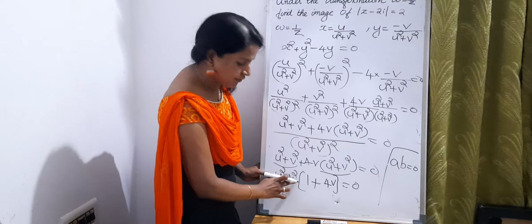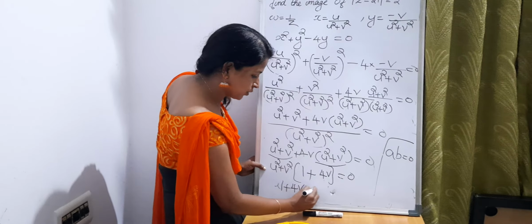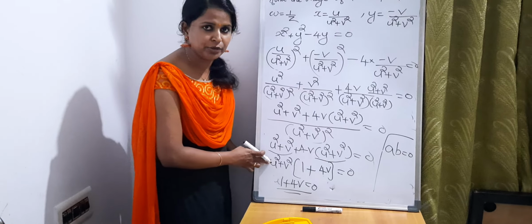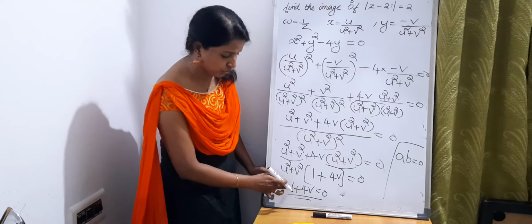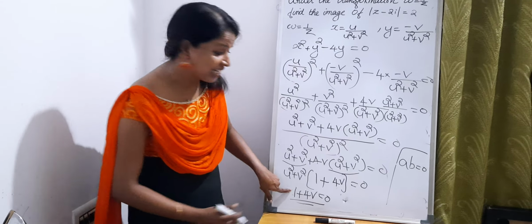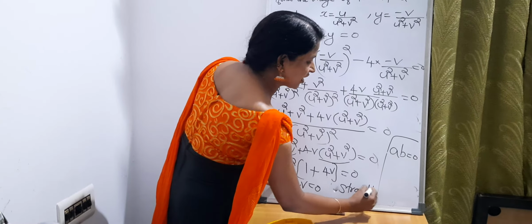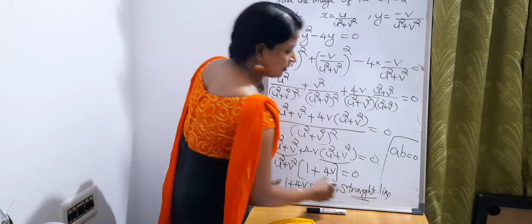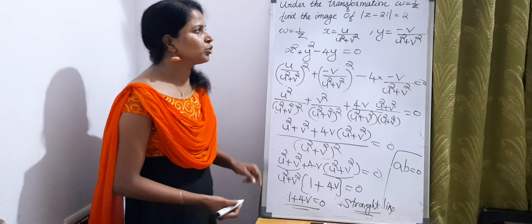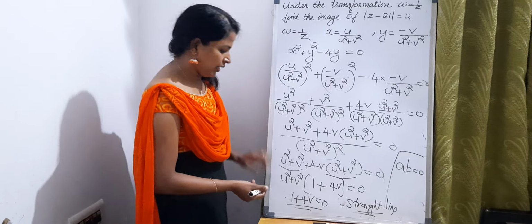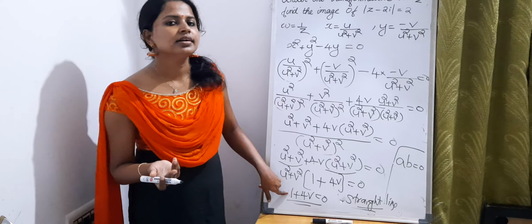So only one condition is possible: 1 plus 4v equal to 0. This represents a straight line. That is, mod z minus 2i equal to 2 is transformed into a straight line in the W plane.